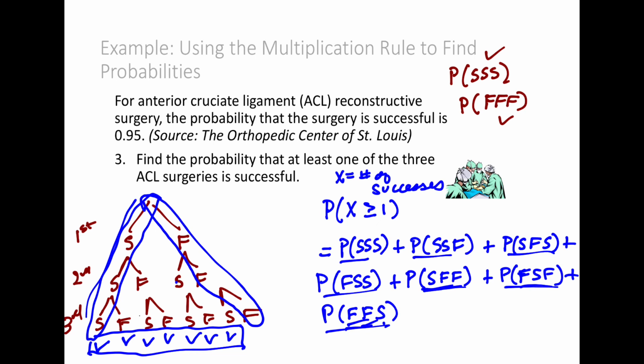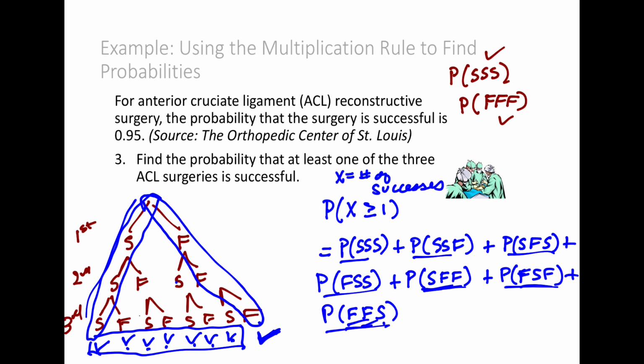Here's where we can use the complement rule for finding this. If we were to add up all 7 of these probability columns and find all 7 of them, add them up to get our probability, it's going to be equal to 1 minus this. In fact, if we added up all the paths, we would have 100%, right? These are all the scenarios. But there's only one scenario missing.